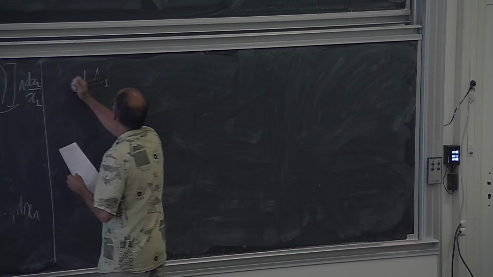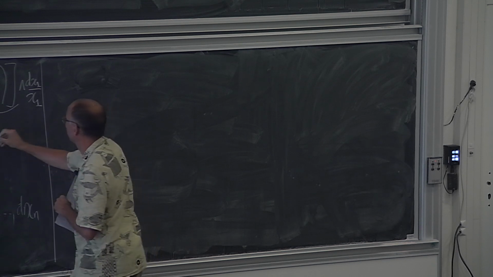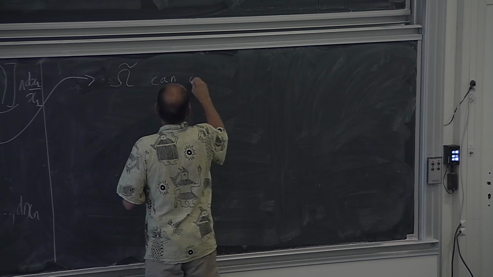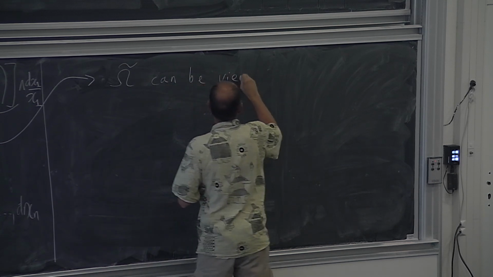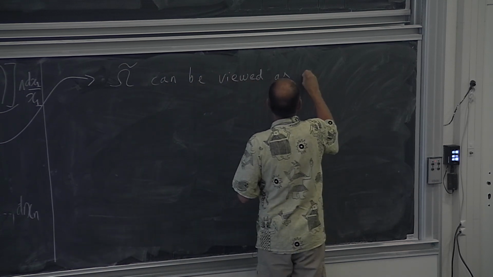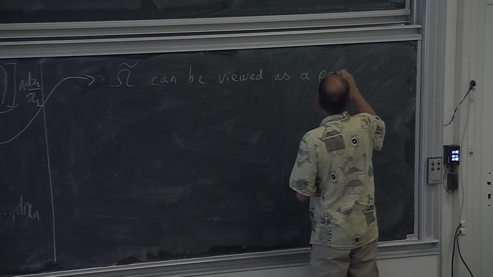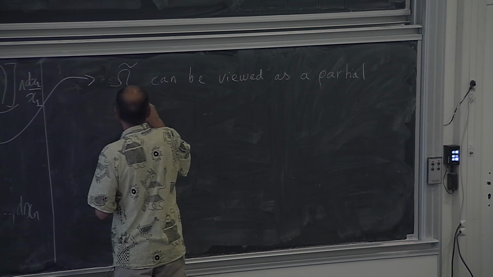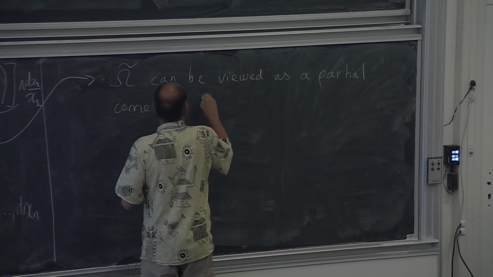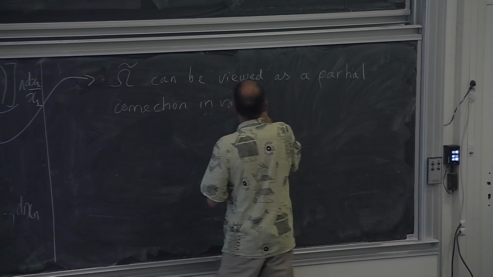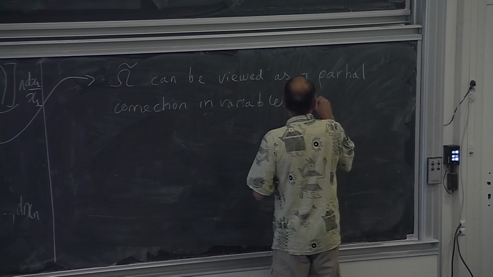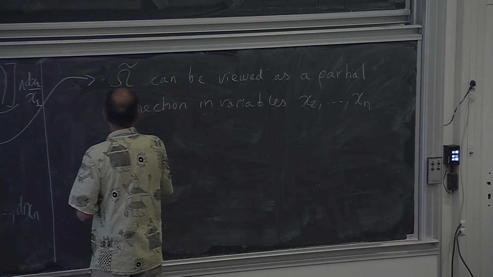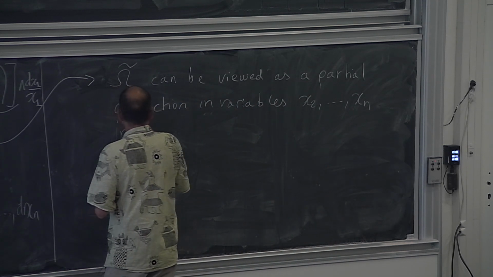No, sorry. I use the second one. So omega tilde can be viewed as a partial connection in variables x2, ..., xn, which is integrable.